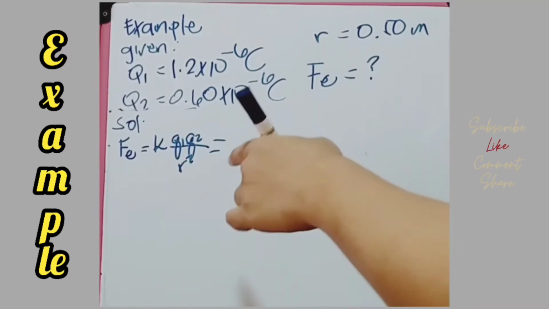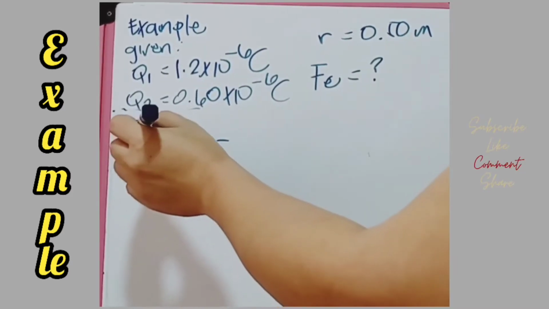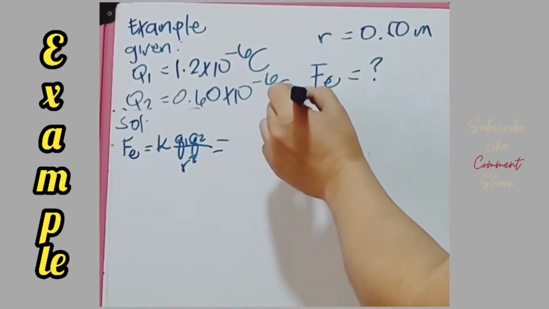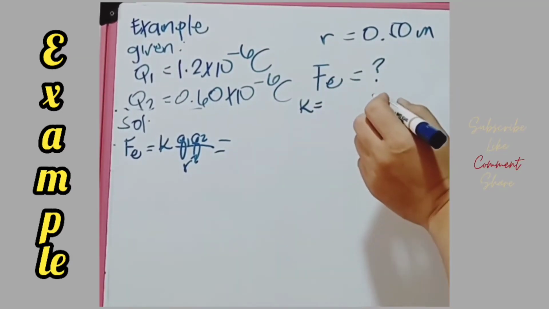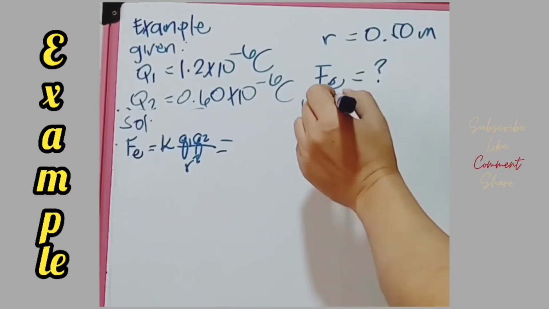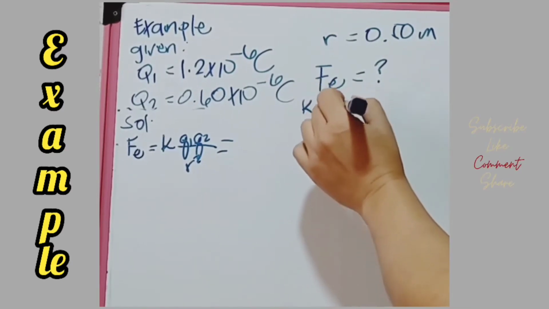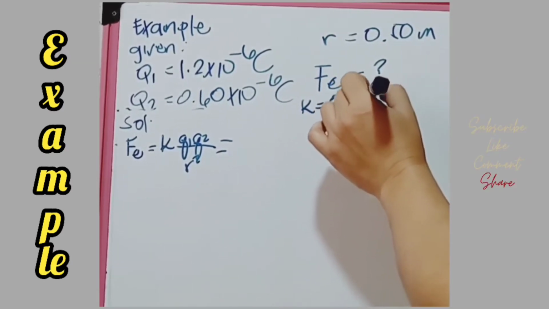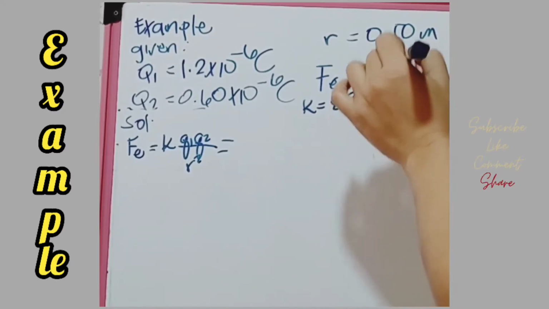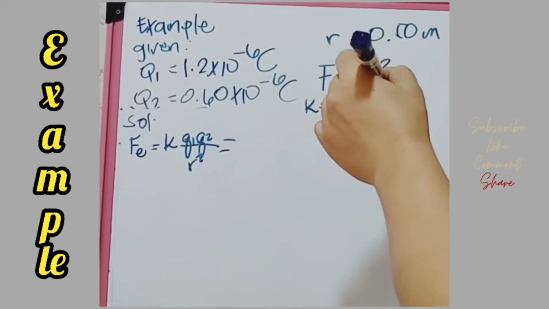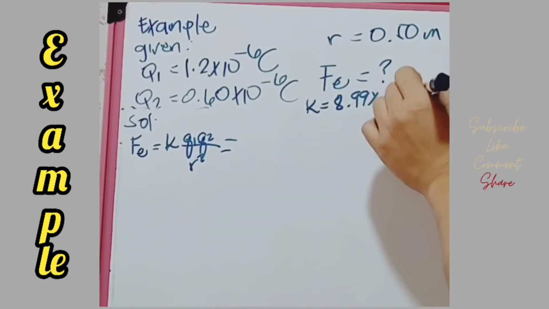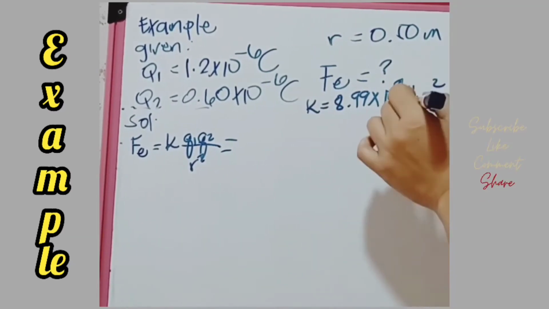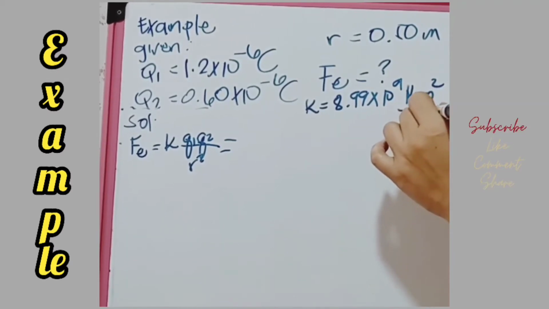By substitution, that is our K, yung constant natin, which is equal to 8.99 times 10 raised to the power of 9 Newton meter squared over C squared.